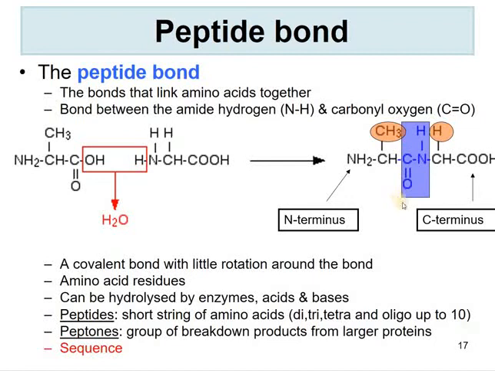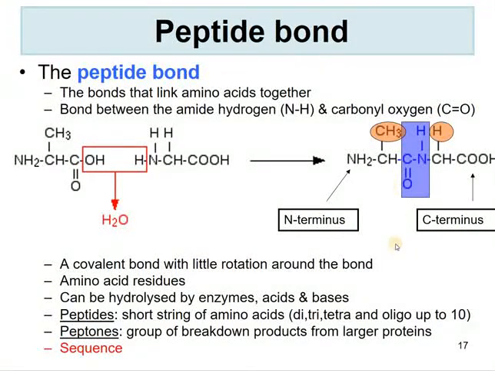Okay, so that peptide usually has what we call a direction. The direction means that there's an N terminus and then a C terminus. In each and every protein, it does not matter how many amino acids are joined there, you will always have a free amino group and a free carboxyl group at the ends, and those are known as the N and C termini.